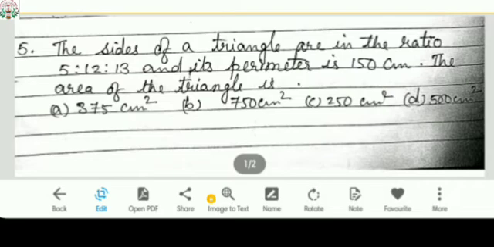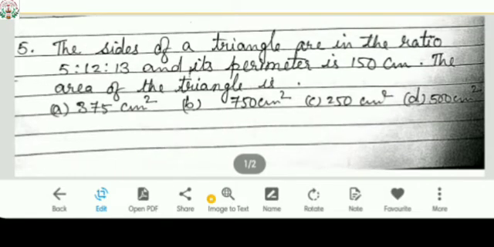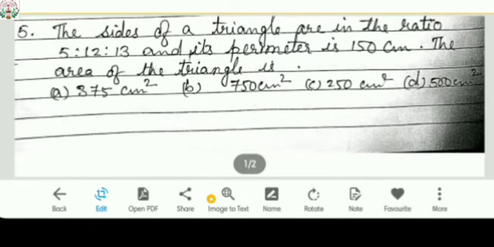After getting all the three sides, find the semi-perimeter, because perimeter is 150, means divide by 2 you will get semi-perimeter, that is S. After getting S and side A as 5 into x, and 12 into x will be B, and 13 into x will be C. So on putting the values of A, B, C and S, you will get the value of area.